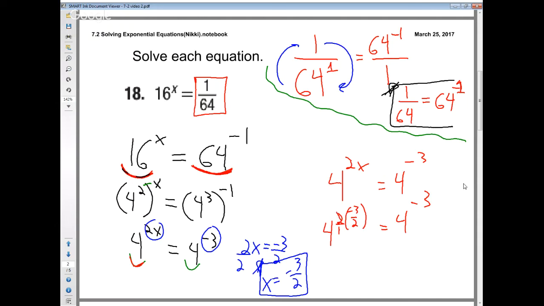You see your 2's cancel, top and bottom, and then that just gives you 4 to the negative 3 over 1, equal to 4 to the negative 3. And of course, negative 3 over 1 is still negative 3. You don't even have to check to see what those actual numbers are for the negative 3, because we can see they're 100% identical. So in other words, it is possible to have fractions as your final answer.